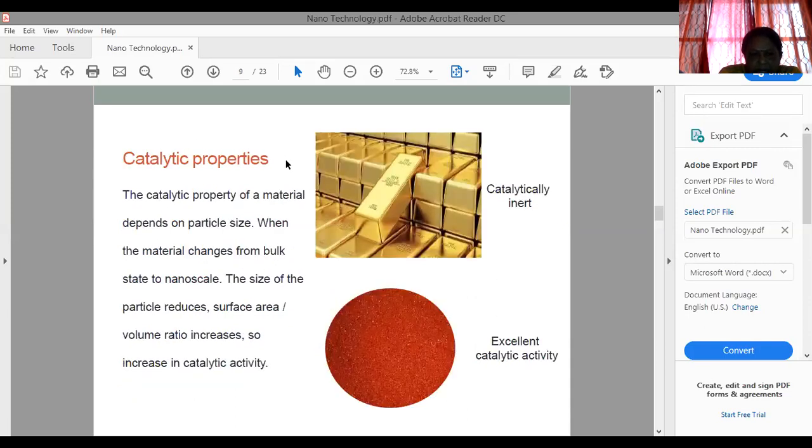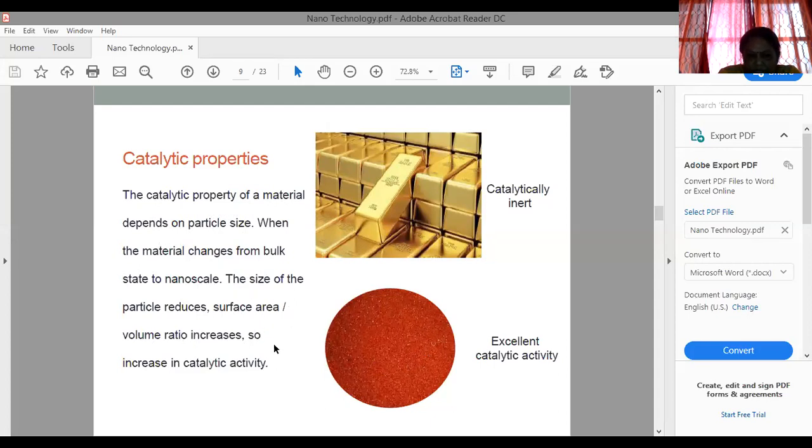Then comes the catalytic properties. This is gold, and in the nano size its color also changes. So the catalytic property of a material also depends on the particle size. When the material changes from bulk state to nanoscale, the size of the particle reduces, the surface area to volume ratio increases, the surface area increases.